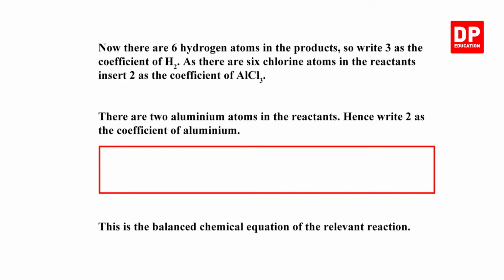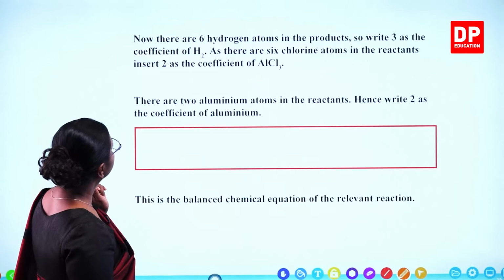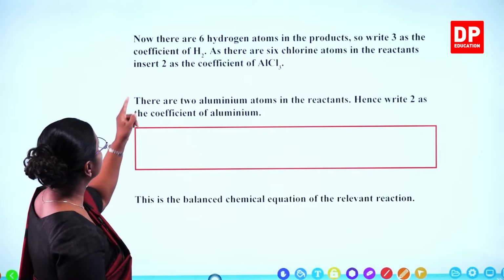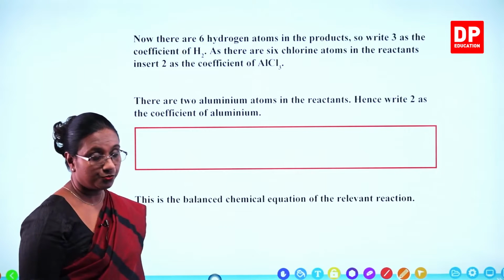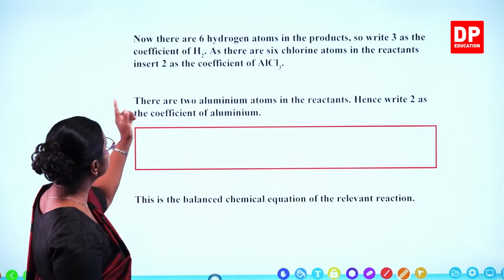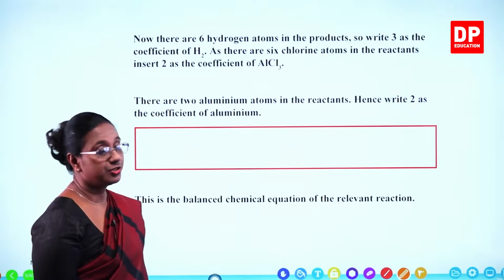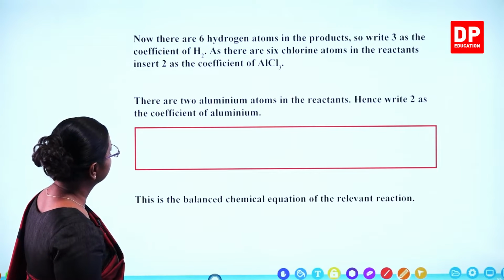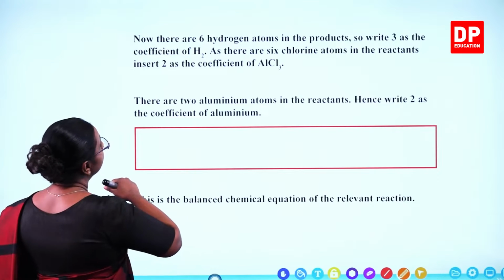So again, the continuation from what I discussed, the same thing. Now there are 6 hydrogen atoms in the products. So write 3 as the coefficient of H2. As there are 6 chlorine atoms in the reactants, insert 2 as the coefficient of AlCl3. That we did. So here what did we do?